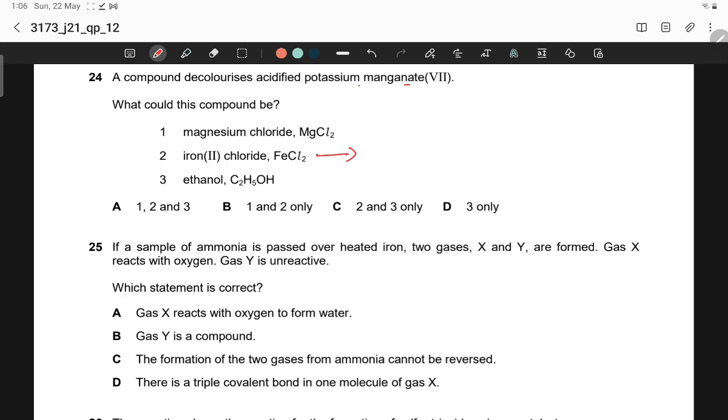Yes, iron 2 chloride acts as a reducing agent. It can react with potassium manganate and the color changes from purple to colorless.